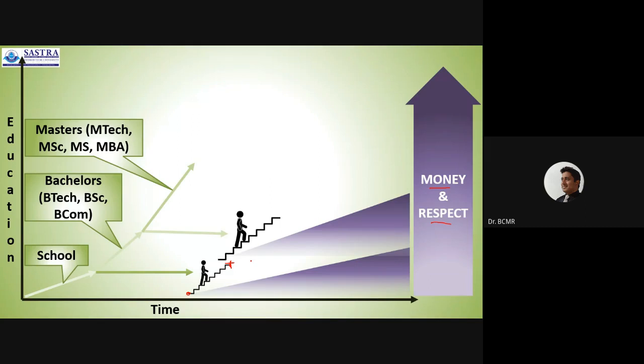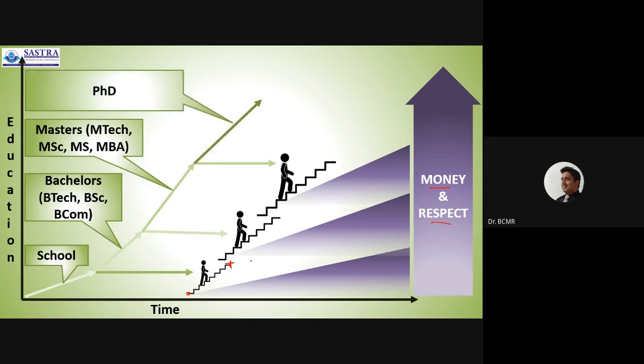So BTech alone is insufficient. But after a master's also, people can choose to go out of it. And then you have the ultimate, or formally the final degree, the PhD. There are Doctor of Science and other things, but we'll just say PhD is the tip or the formal end of education.